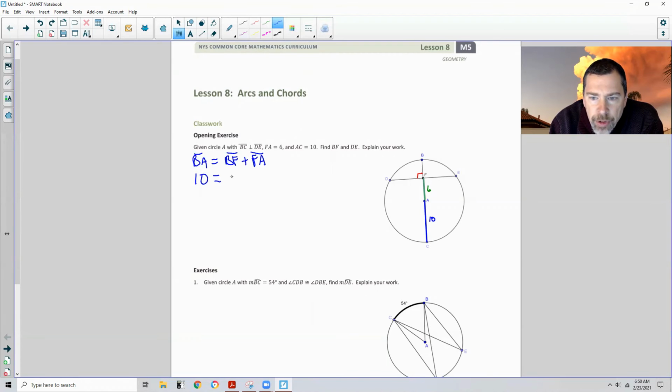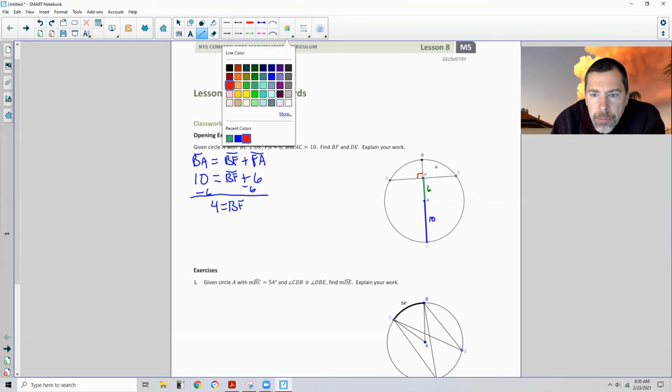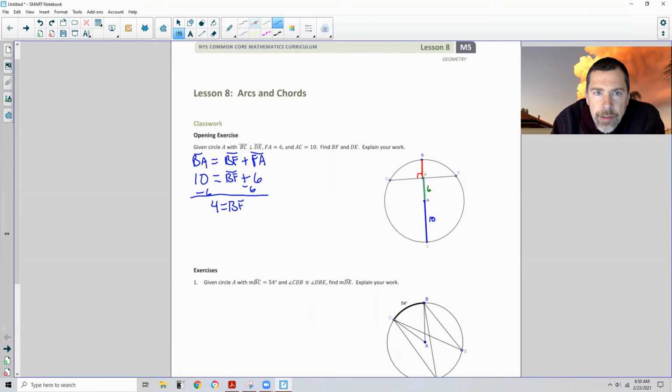BF, we don't know. We'll just leave that BF plus FA, which is 6. If I subtract 6 from both sides, we find that segment BF equals 4. I will do that in red. So we found BF right there, and it is 4.